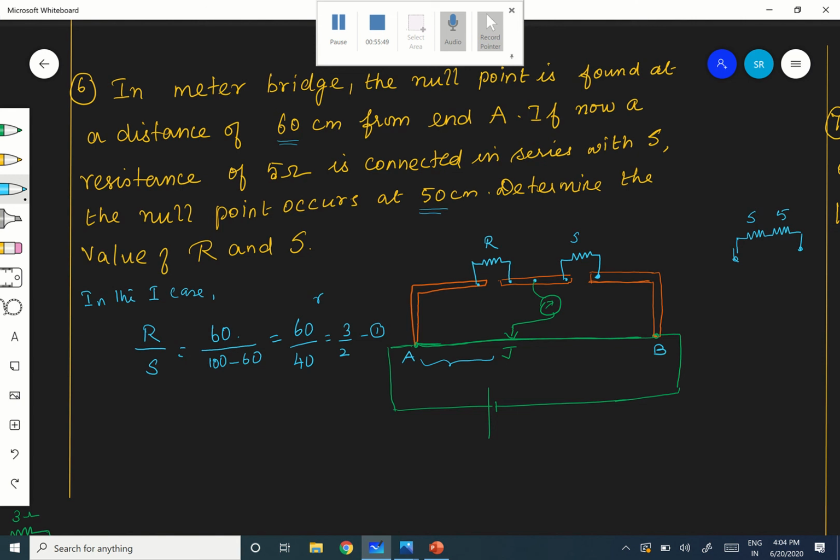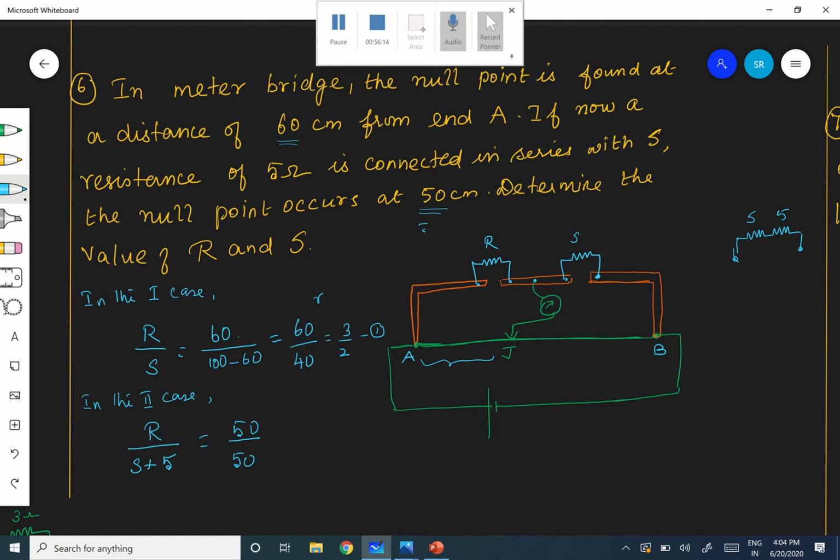1. Then in the second case, both 5 ohm resistances are connected in series now, therefore R divided by S plus 5. What is the null point now? 50 divided by 50.